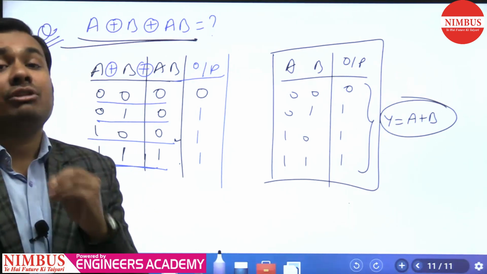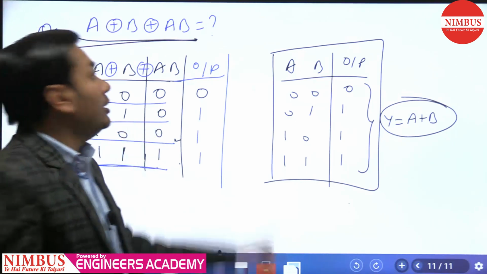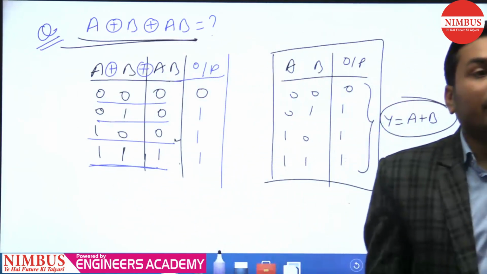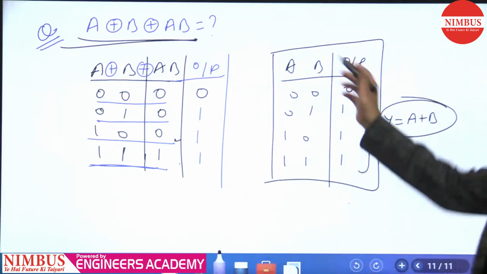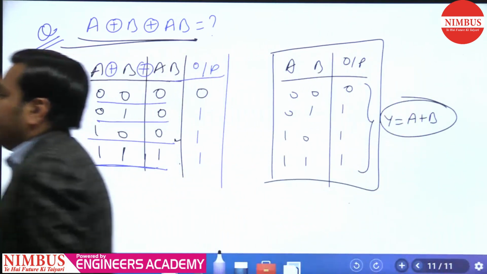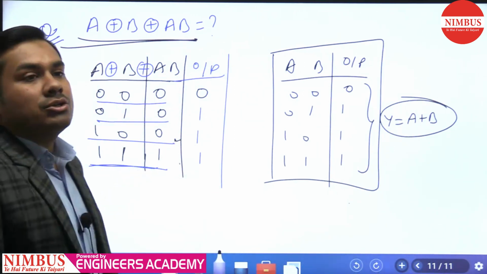Whereas there is a lot of chance of error in a solution using Boolean algebra. So we have to solve it in a simpler way, using 0 and 1, and our answer will be A plus B according to this solution.